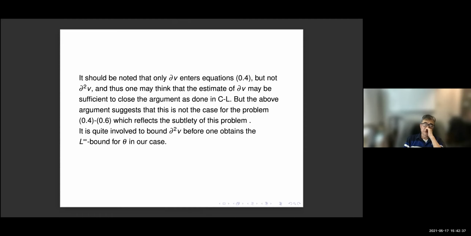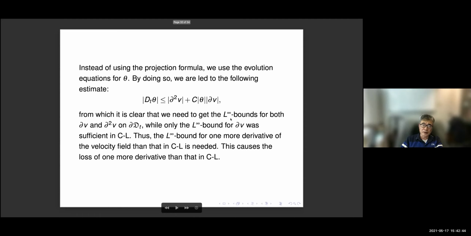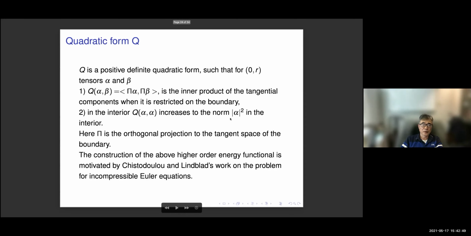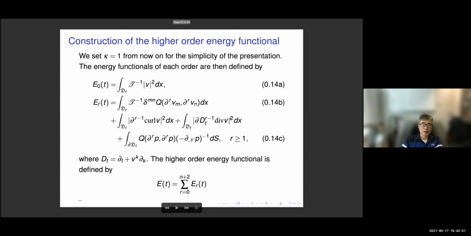So the key point here is, let me come back to the energy functional. The problem then is to prove that the time derivative of this energy functional, E(t), is bounded by itself under some a priori assumptions.